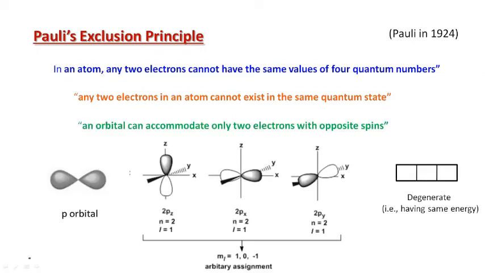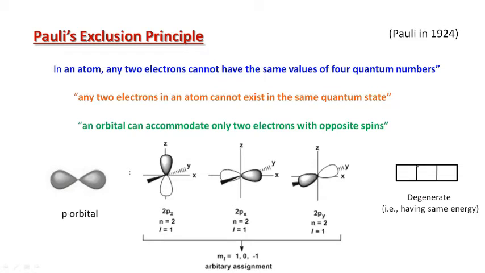Let us have an example of the p orbital. This p orbital has 3 different values of ml and it has 3 different orientations in space. These 3 different orientations, or these orbitals, have the same energy and therefore are known as degenerate.